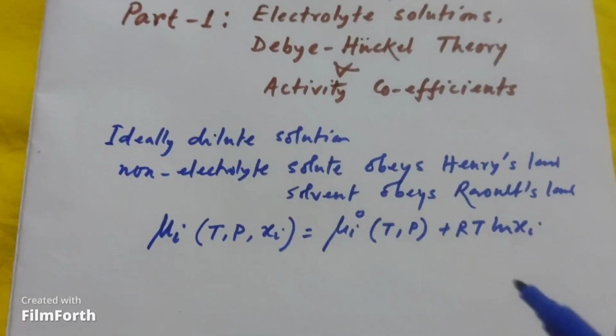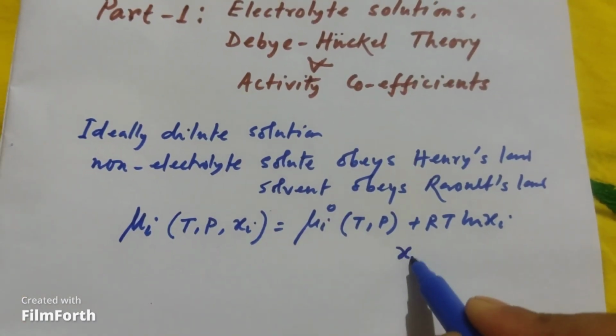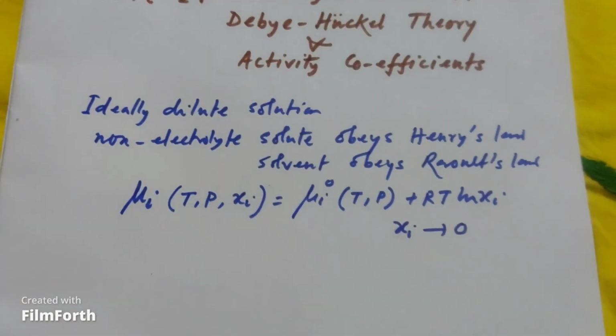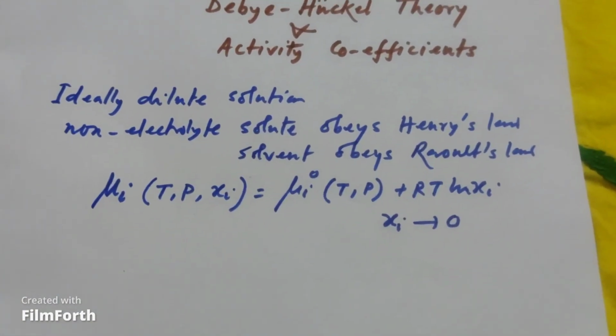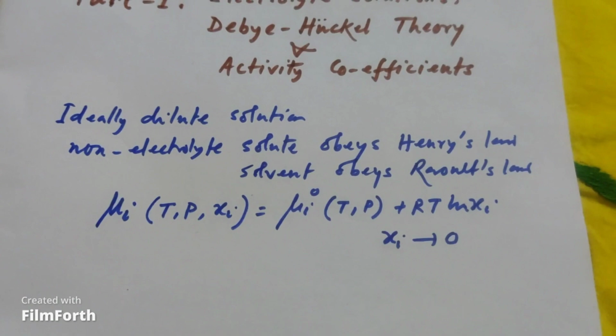And ideally dilute solution means xi tends to 0. Solute concentration is near about 0.